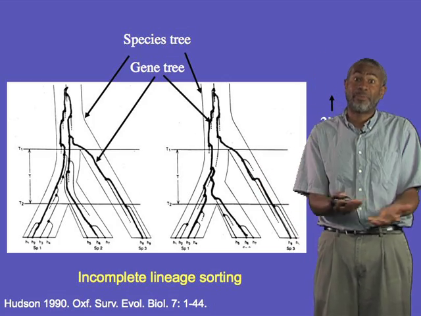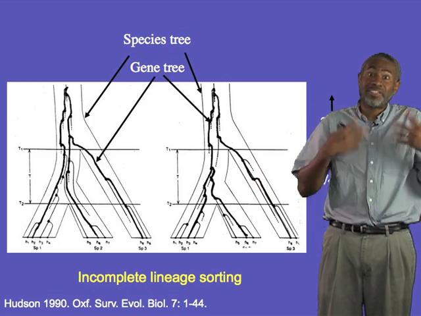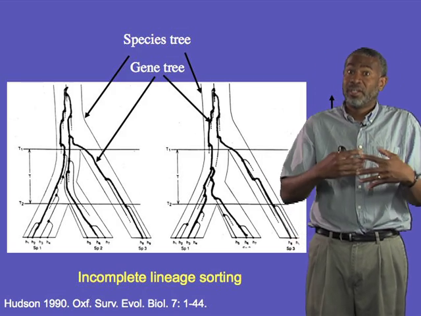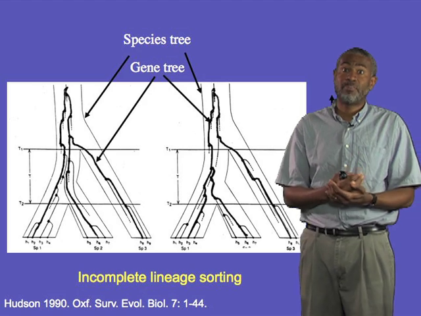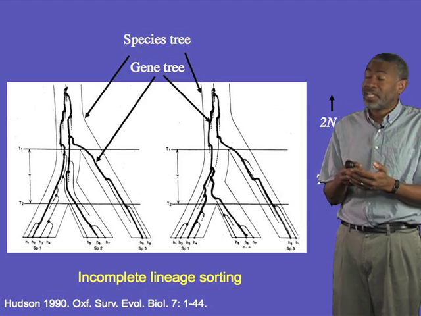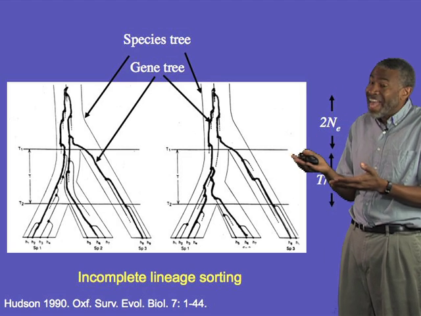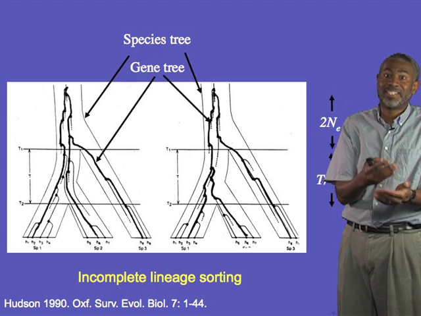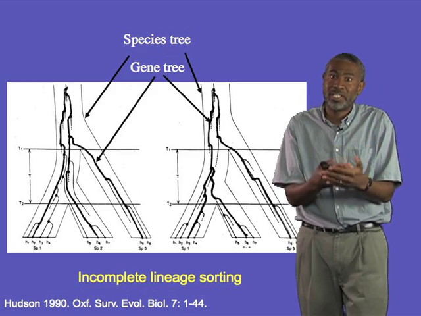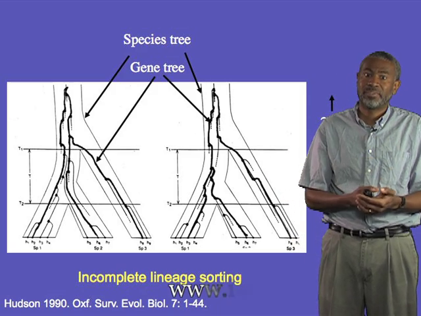It had some depth to its gene tree, and so some of that is going to persist throughout all these population splits. In fact, we expect on average to see about 2N extra generations in this gene tree, so it'll overshoot the actual population history by 2N generations.